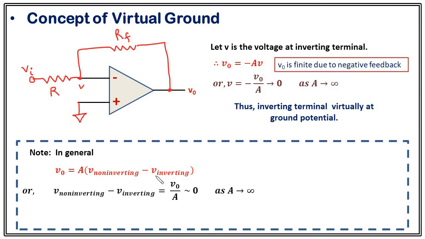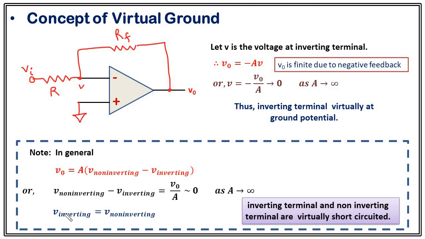As we have a negative feedback condition, V output will be finite and A will be infinite. Thus, we can simply solve it and we get V inverting equals V non-inverting. That is, in the feedback condition, the inverting and non-inverting terminals are virtually short-circuited.